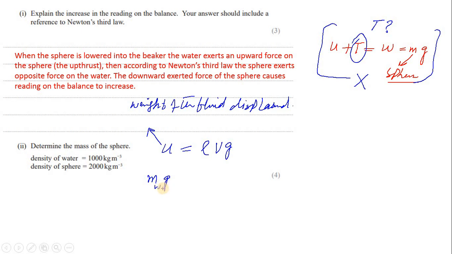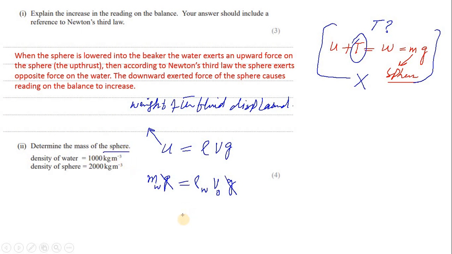This is the weight of the liquid displaced, so U is equal to m_w g is equal to rho_w V_o g, where rho is the density of the liquid, V is the volume of the liquid, or in this case the volume of the object, so I am just writing V_o, and g is acceleration due to gravity. First you just cancel g to get rid of this. Finally, we have the situation, but we need to find the mass of the sphere.